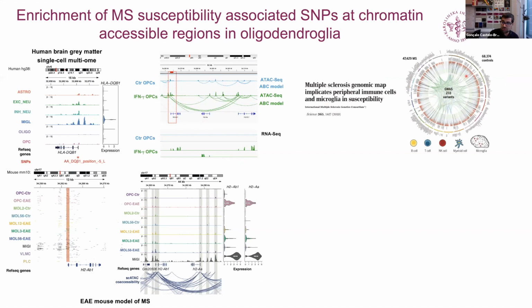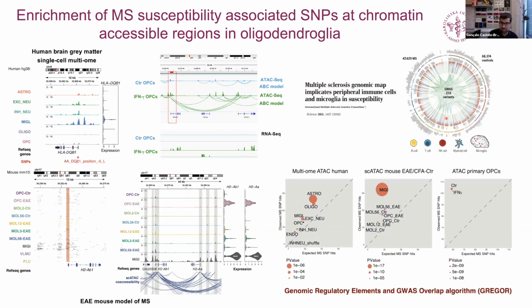In this study, they also compared with bulk RNA sequencing data and could define that apart from the expression of genes associated with these variants in immune cells, microglia in the brain could also be associated with these SNPs. Now, the fact that we were seeing chromatin accessibility in immune genes in the oligodendrocyte lineage suggested that perhaps oligodendrocytes might also have a role in this susceptibility.